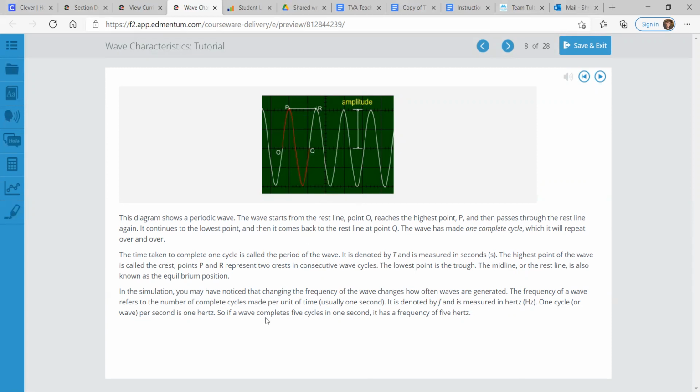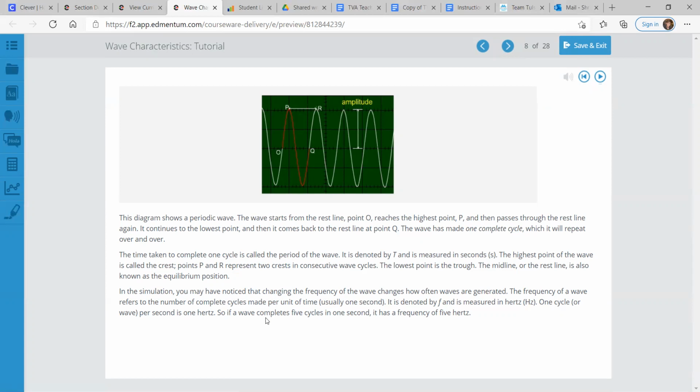And in the simulation, you may notice that changing the frequency of the wave changes how often waves are generated. The frequency of a wave refers to the number of complete cycles made per unit of time, usually in seconds. We denote that by f, and we measure that in hertz.